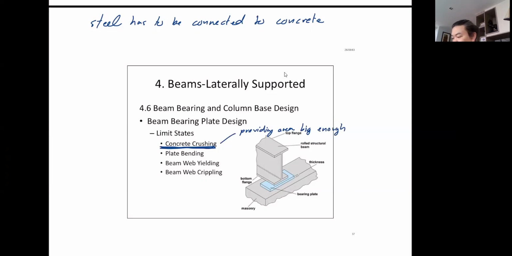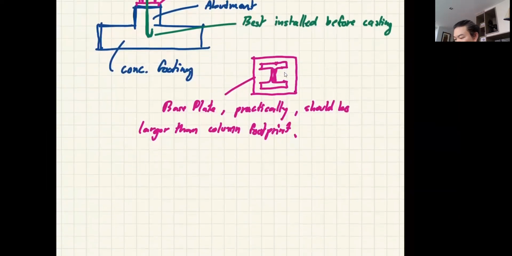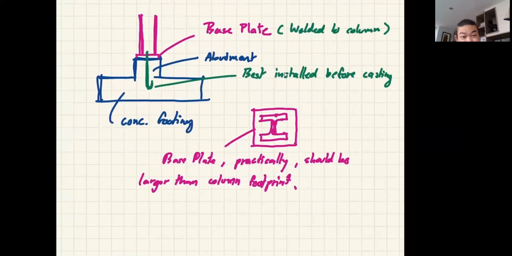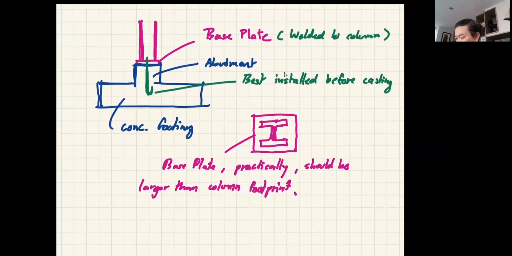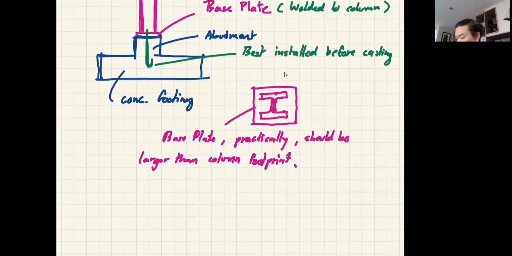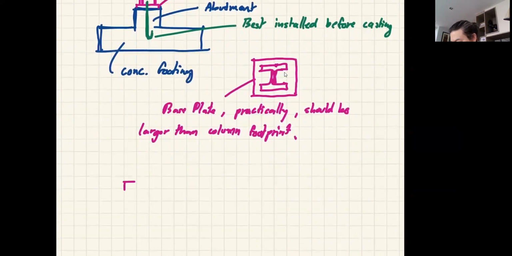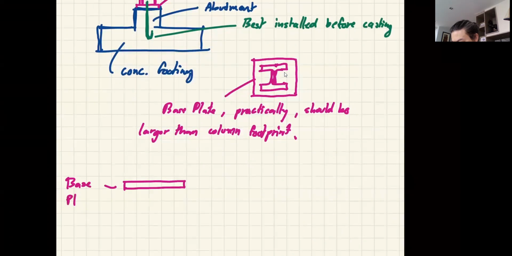The second is that when the loads come down like this, even if the concrete is large enough, there is still the contact area. So again, if I draw the base plate, this is the base plate. Naturally, when it comes in contact with the concrete, put some rock in it so that you feel like this is concrete, the stress will occur.